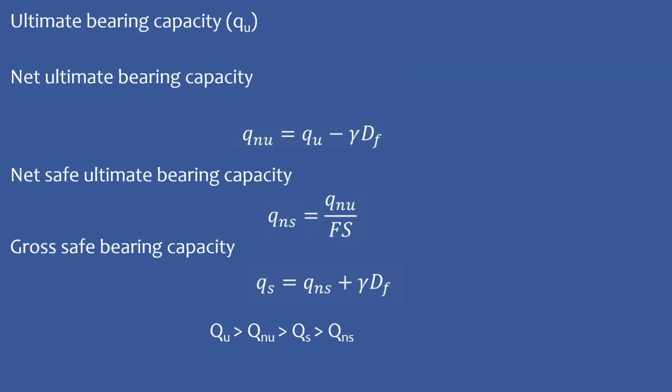So with this expression, let's see what the net ultimate bearing capacity is. It's QNU equals QU minus gamma Df.